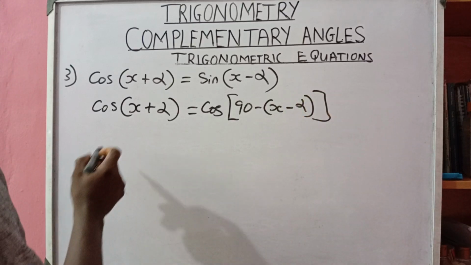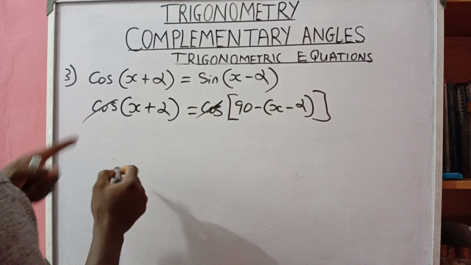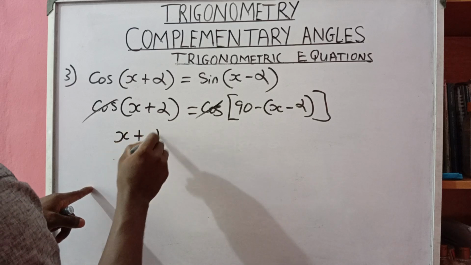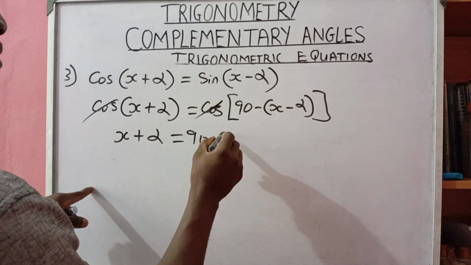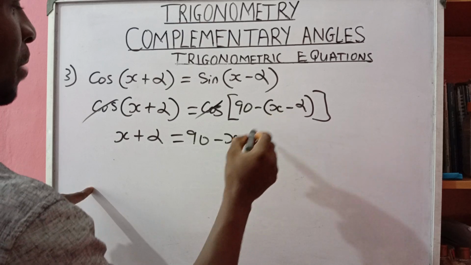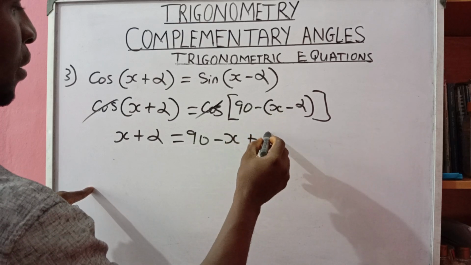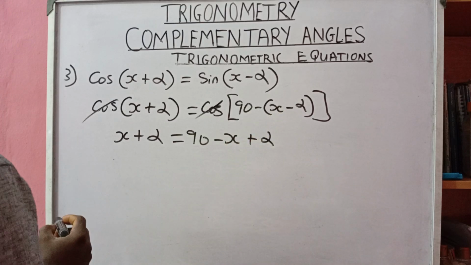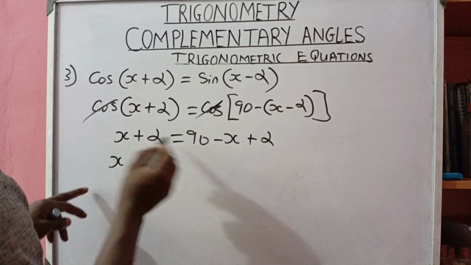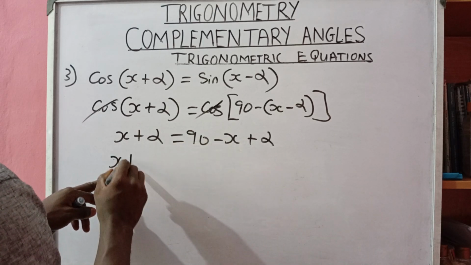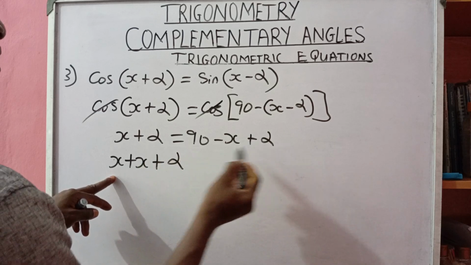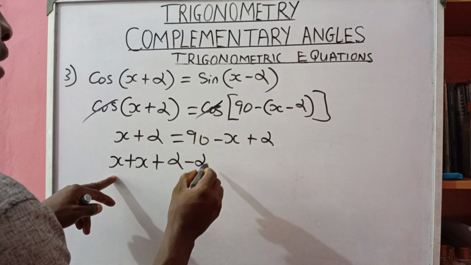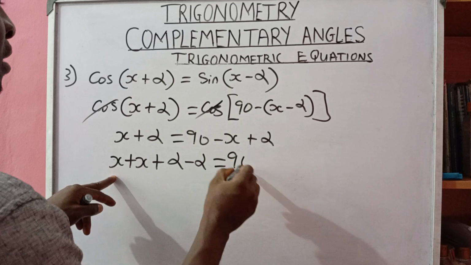All right, so we do away with the cos here. So we have x plus alpha is equal to 90 minus x, then minus times minus is plus alpha. So collecting like terms here, we have x, then minus x coming over here becomes plus x. We already have alpha here, then plus alpha coming over here becomes negative alpha, equal to 90.